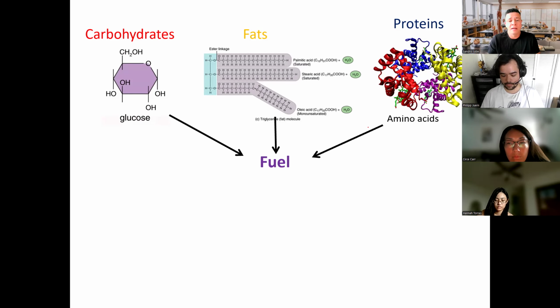Out of these three right here, guys, without a doubt, glucose is by far the most important, the number one fuel for our cells. And this is why, and I mentioned this before, we should not completely remove carbohydrates from our diets. Okay, because carbohydrates are packed with glucose. We get a lot of glucose from carbohydrates.